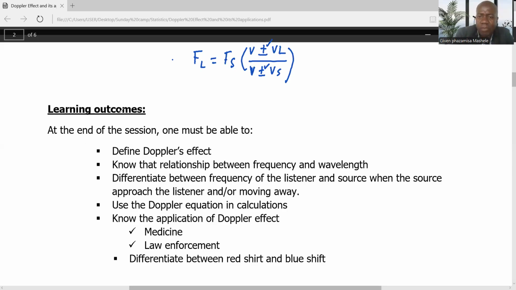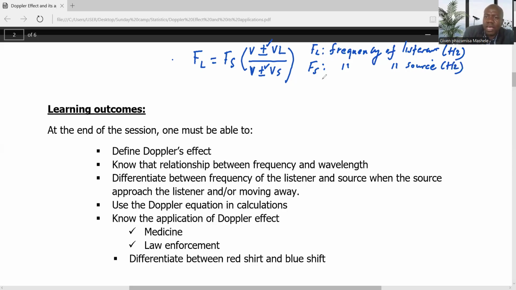So I want to explain something here. Remember I said the FL here is the frequency of the listener. We know frequency is measured in hertz, and the Fs is the frequency of the source or the producer, which is also measured in hertz.